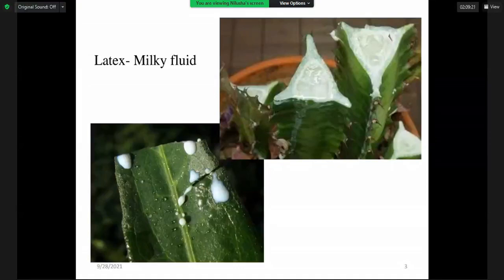After it attains the maturity stage, the fruit breaks into similar lobules or several parts. Those parts contain the seeds. That fruit we call a regma fruit. Is it clear? Okay, madam. Thank you, ma'am.